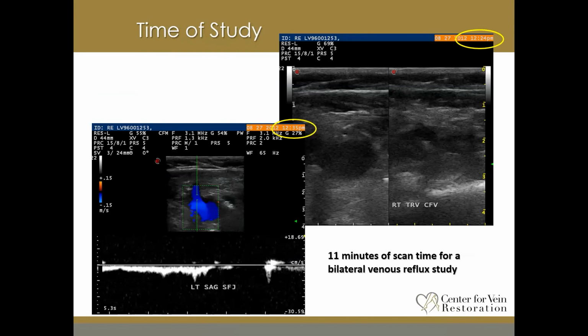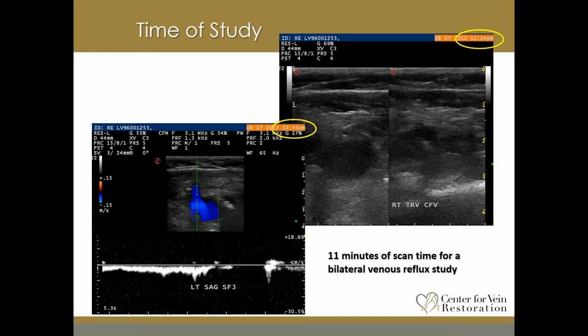We can see, just so you know, how long it takes from the time that you pick up the probe until you acquire the last image. So you can see with this study time, if we look here in the upper right-hand corner, it took 11 minutes for a complete bilateral venous study.